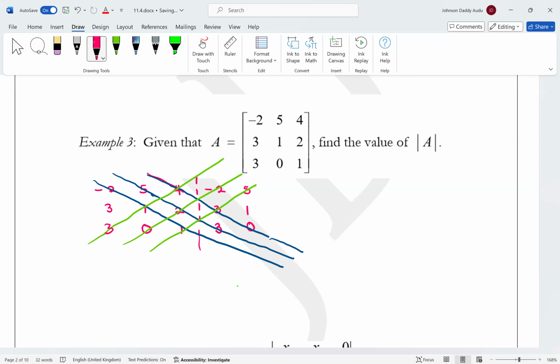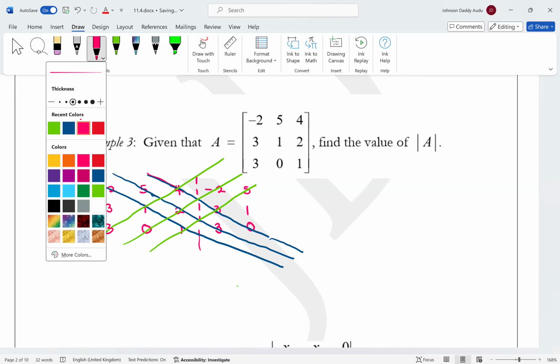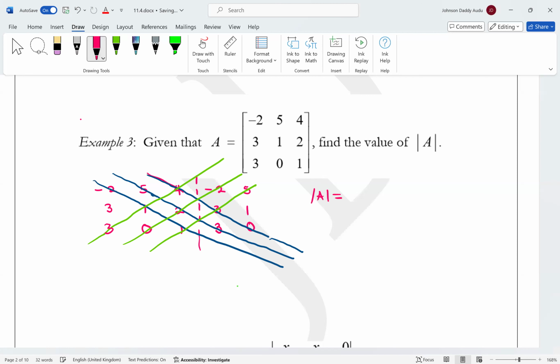All right, now it means that the determinant of A is simply the product of the main diagonals here. When I say the main diagonal, it will be the one in blue.